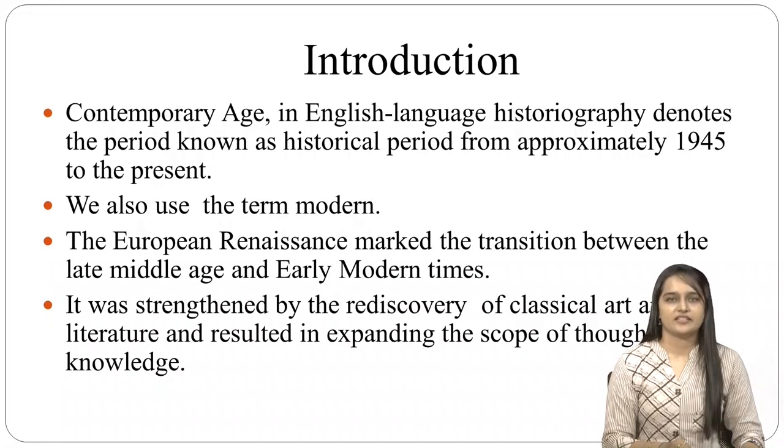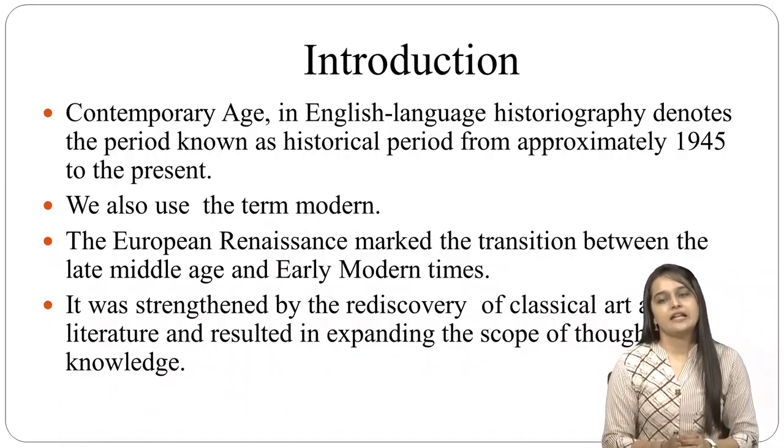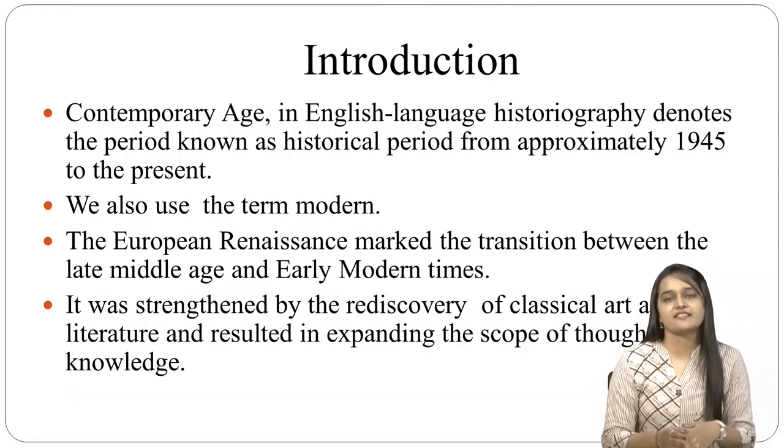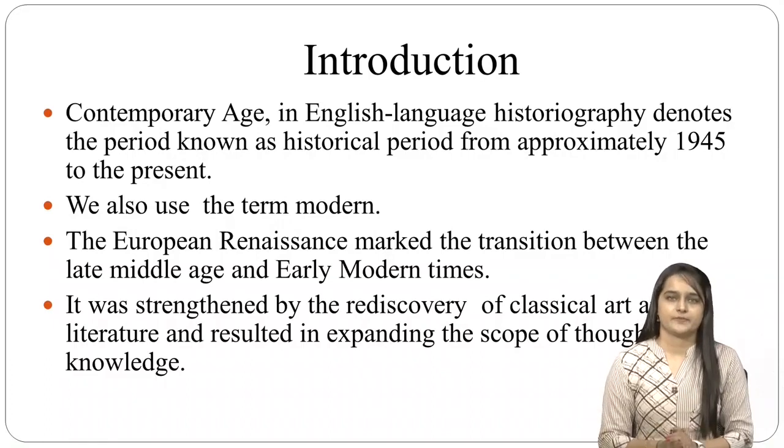Contemporary age in English language historiography denotes the period known as historical period from approximately 1945 to the present. Sometimes we also use the term modern, which was coined in the 16th century to indicate present or recent times.